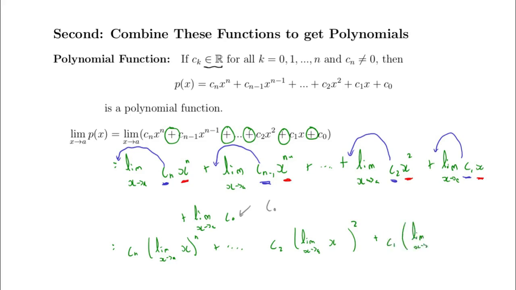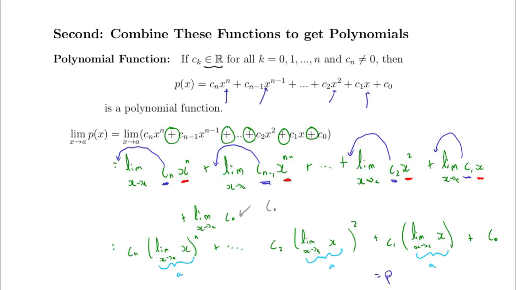The limit as x approaches a of x plus this constant, which we can just write as c sub 0. All right, and then all of these are just a, right? Because these are all identity functions. So what we end up with is just this polynomial function evaluated at a, right? This is the exact same thing as if we just plugged in a for x on all these spots.